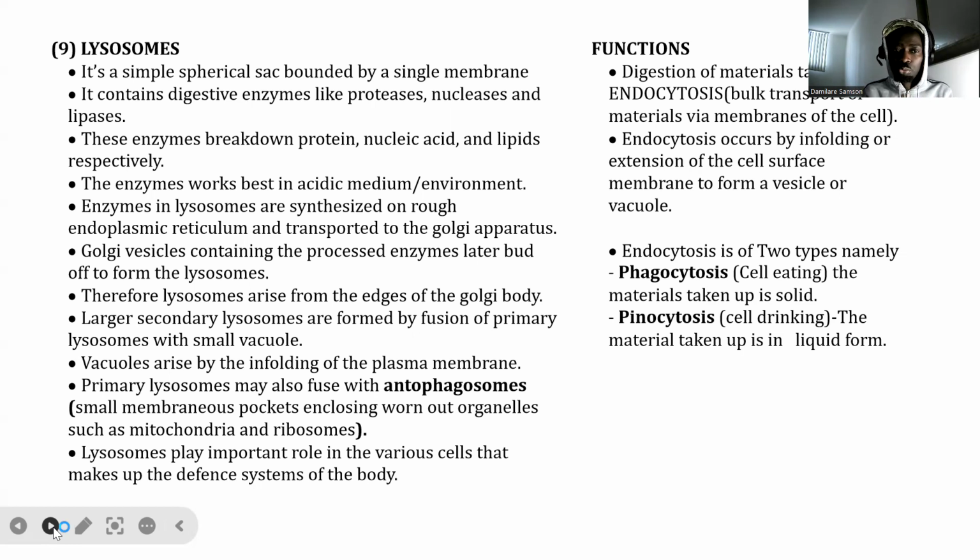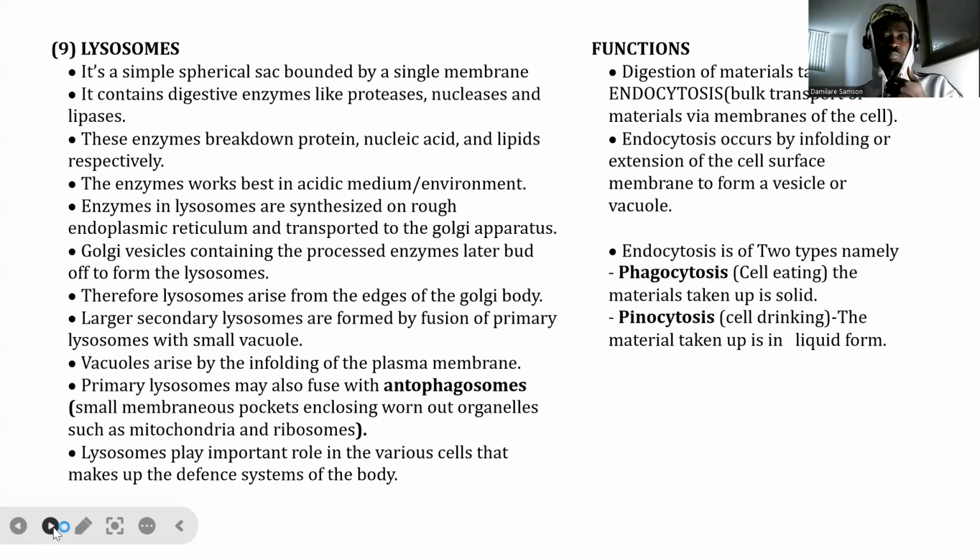These enzymes break down protein, nucleic acid, and lipids, respectively. So lysosomes contain these enzymes to help break down protein, nucleic acid, and lipids.